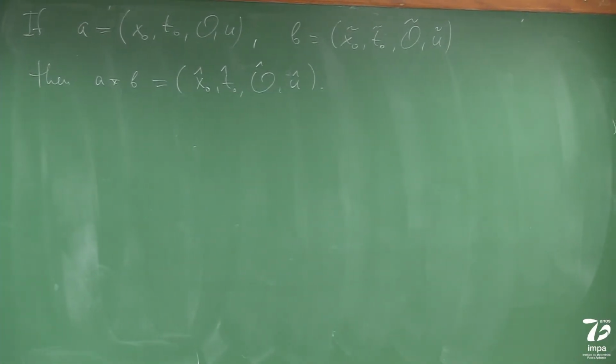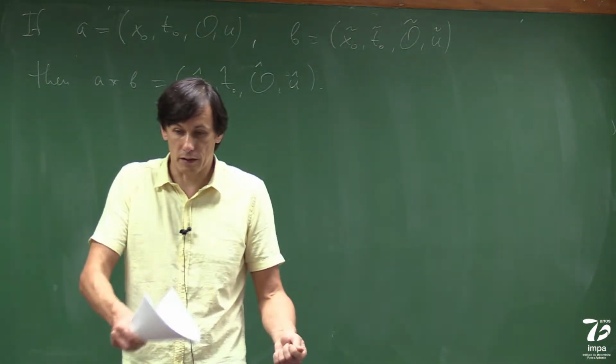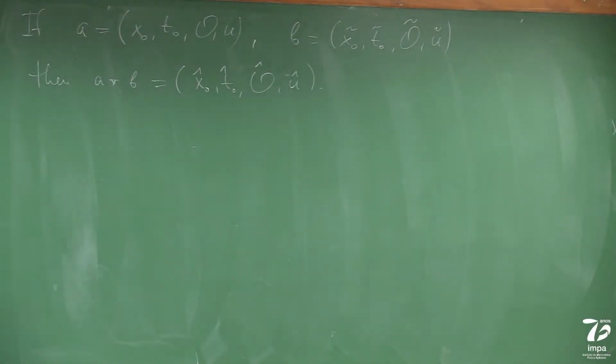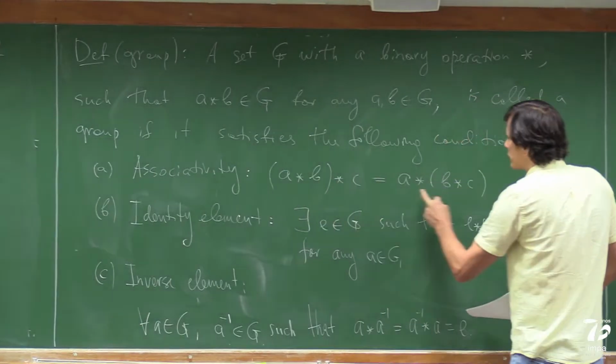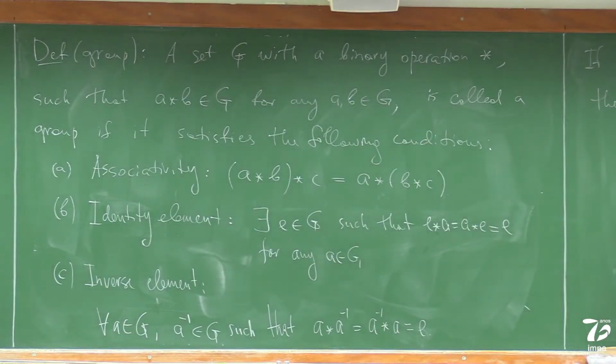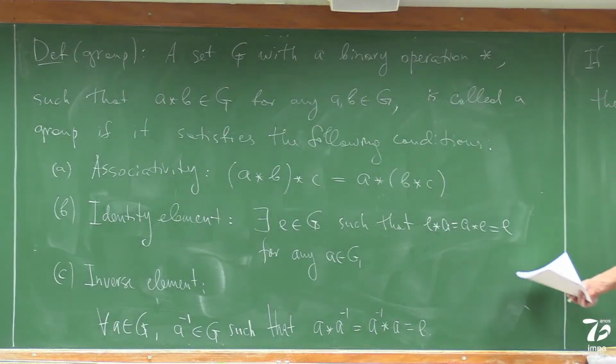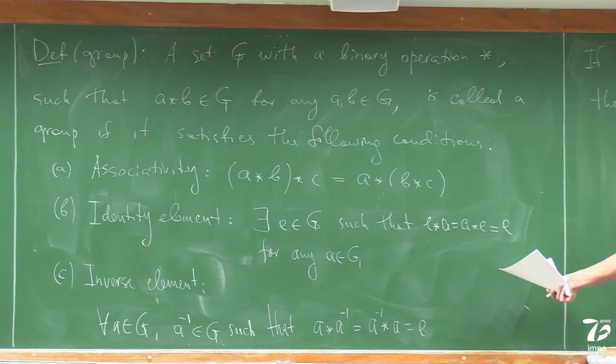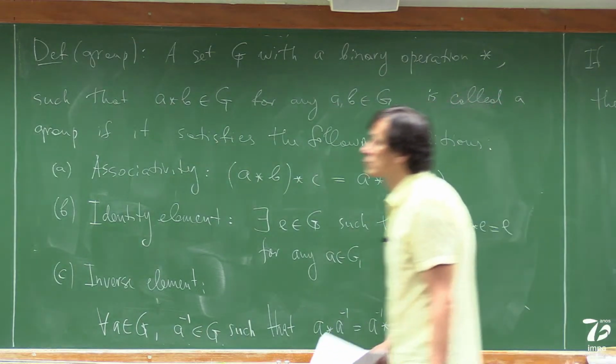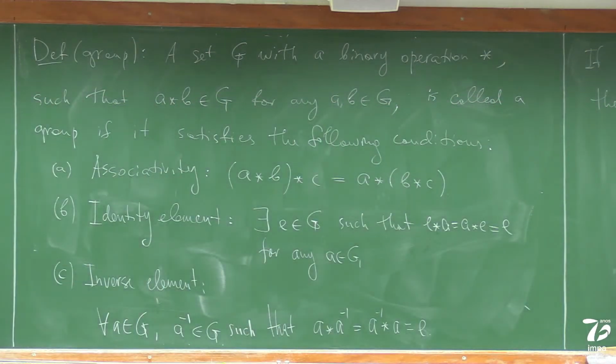And then you have to show that it's associative. So it doesn't matter if you first combine the first two transformations or the last two. Then there is the quite obvious part B. The identity element is when you take x0 to be 0, u to be 0, t0 to be 0, and O to be identity.